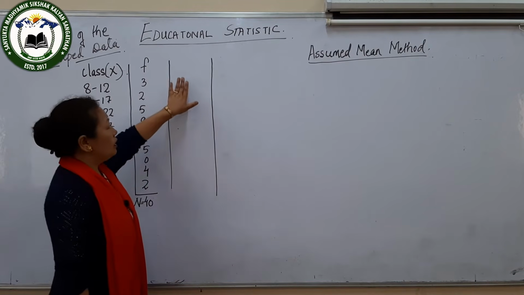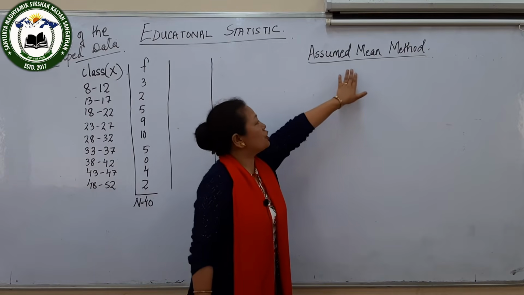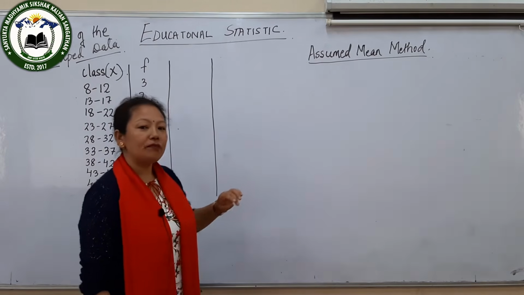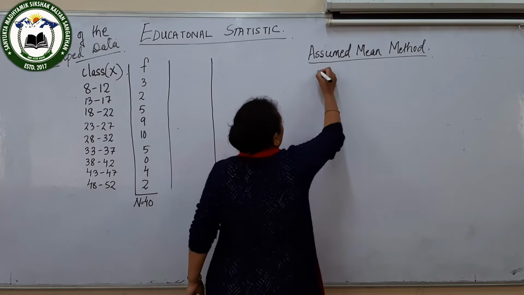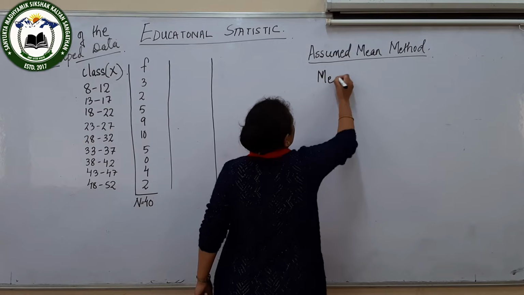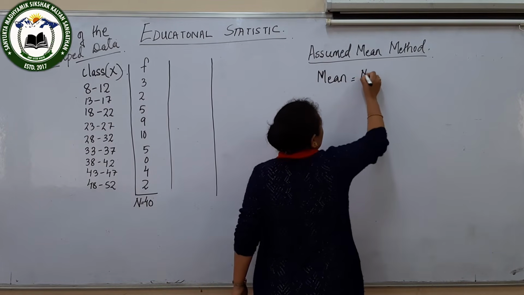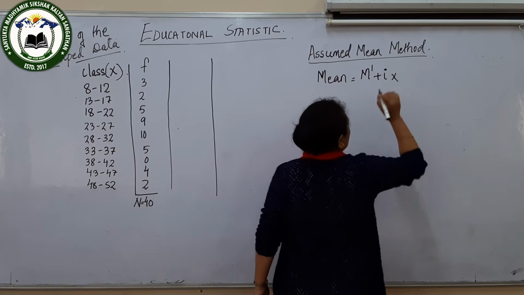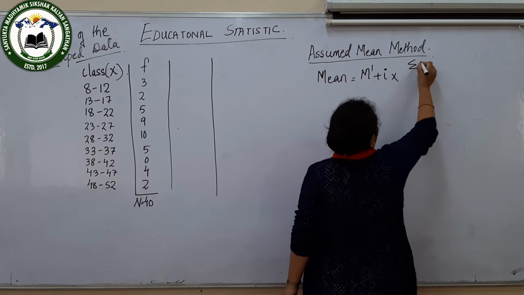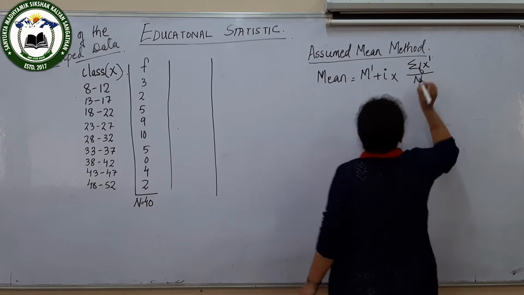Now what we have to follow over here is the assumed mean method. We will follow the second method, that is the assumed mean method. Now my formula for the assumed mean method is m dash plus i into sigma fx dash divided by n.